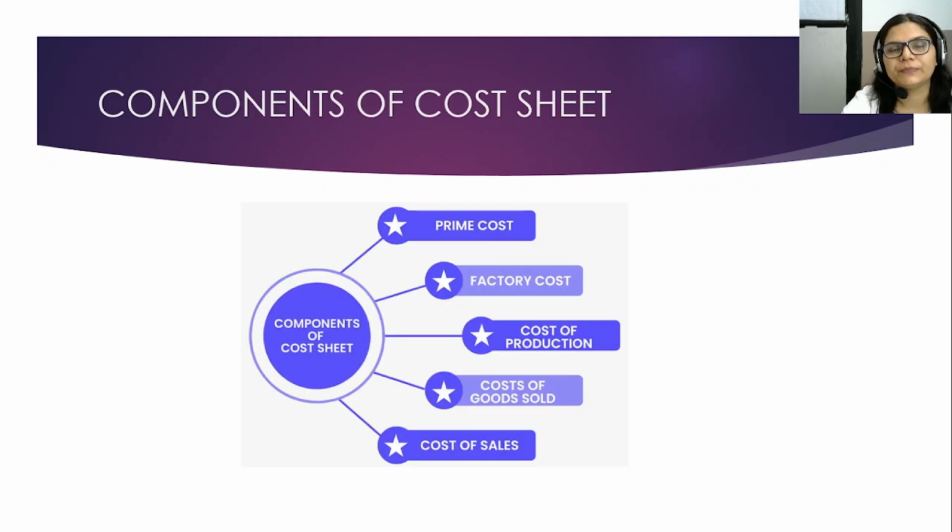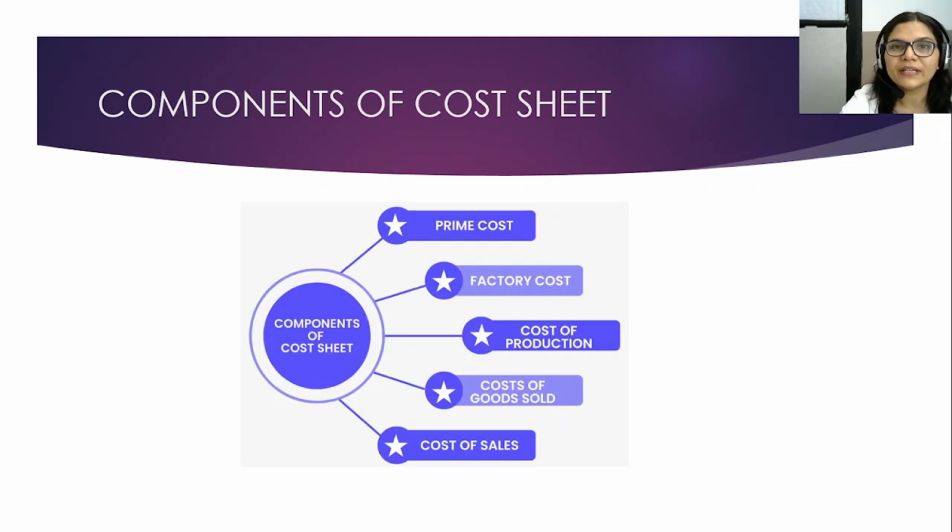Components of cost sheet. As we have already said, when a particular production is going on, the product passes through various stages before converting into a finished product and reaching a point of sale. So it is very tough to analyze each and every cost.